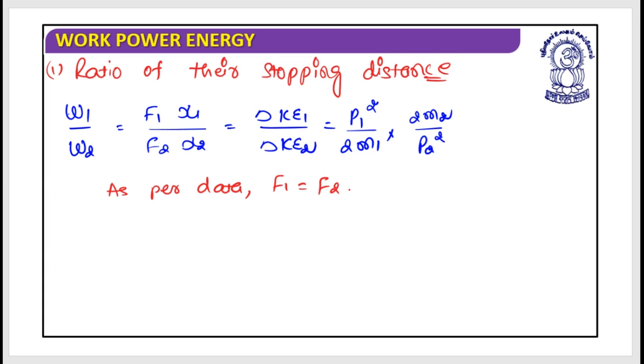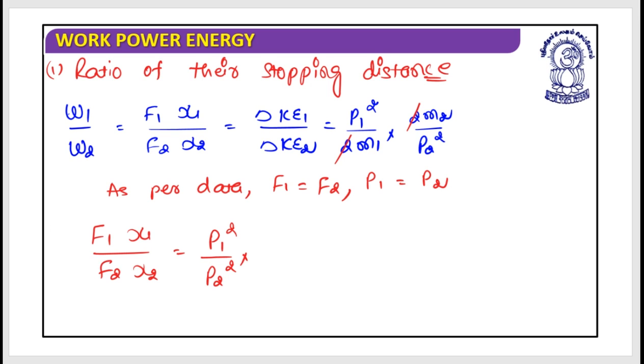Now as per data, F1 equals F2, same retarding force, and even the momentum are the same. So if I take a ratio of these two, it's F1 x1 divided by F2 x2. That should be equal to, this 2 has gone, P1 square divided by P2 square multiplied by m2 is to m1. These retarding forces are same, so they cancel.